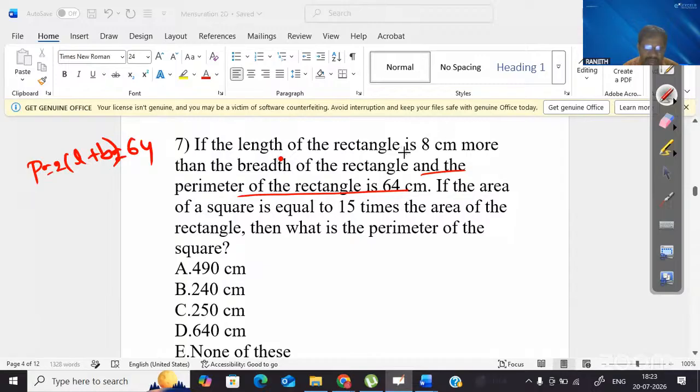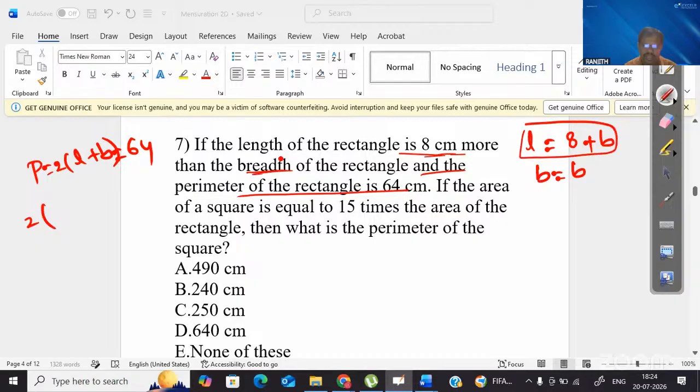Length of the rectangle is 8 centimeters more than the breadth. So already breadth is B only, so L will be equal to 8 plus B.